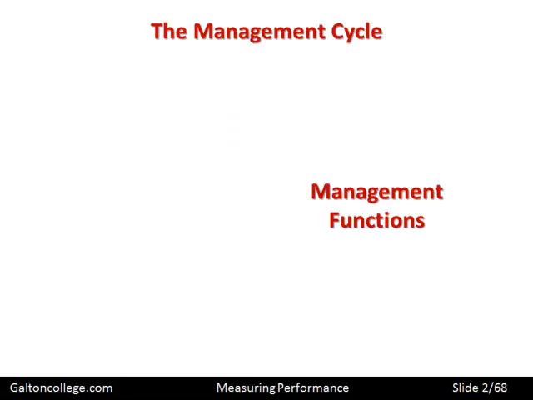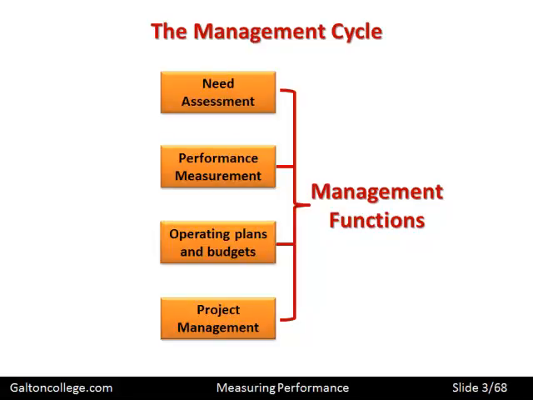So if we look at management functions, we first of all have need assessment. What does the management need? Well, let's start at the beginning. What do the customers need? Then what does the organization need in order to satisfy customers' needs? Then we have the performance measurement, how to gauge or measure the effectiveness of management in meeting the needs of the organization.